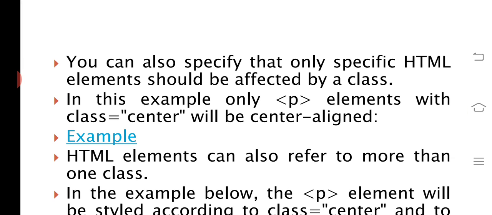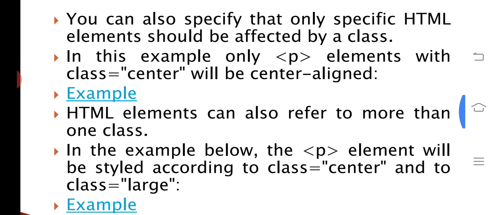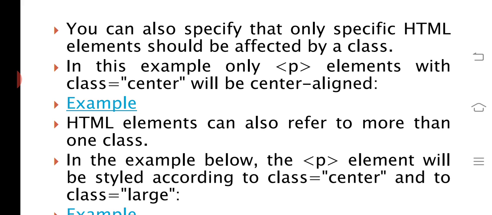You can specify that only a specific HTML element should be affected by the class. The element names may be different, so only that element will be affected by the class. Here only P elements with class equal to center will be center aligned.